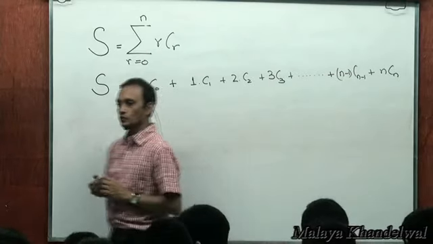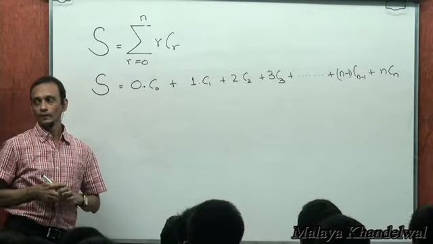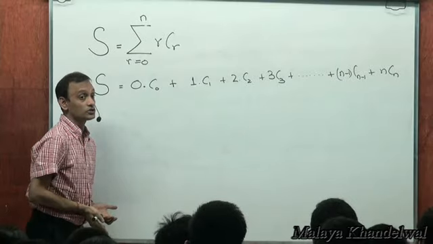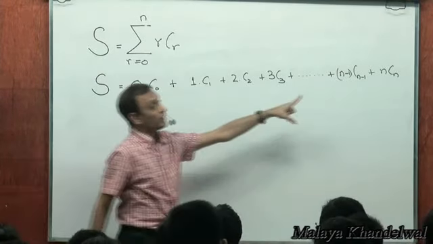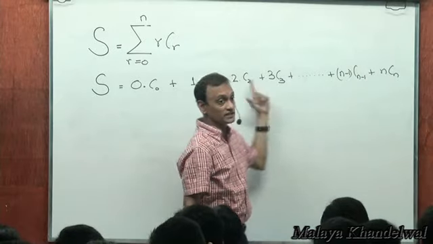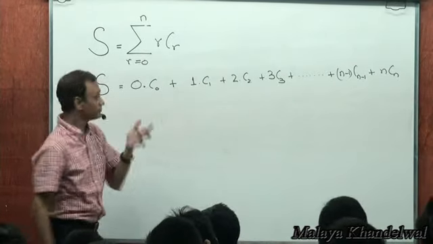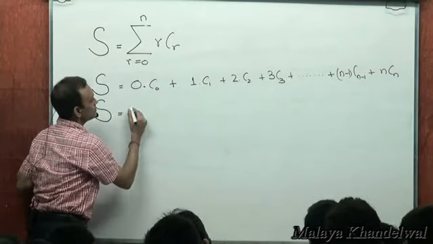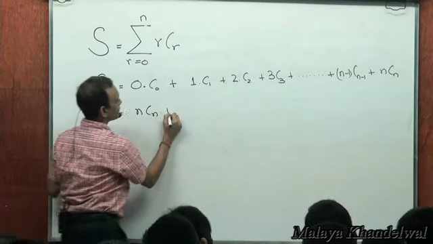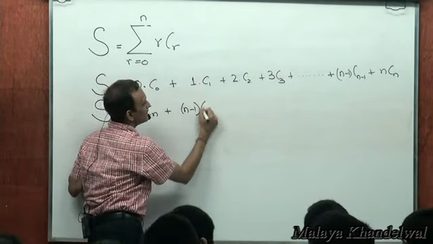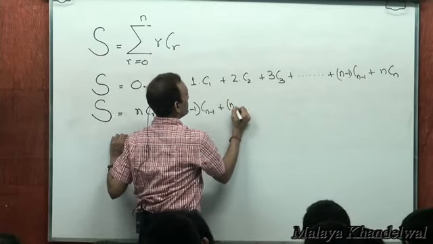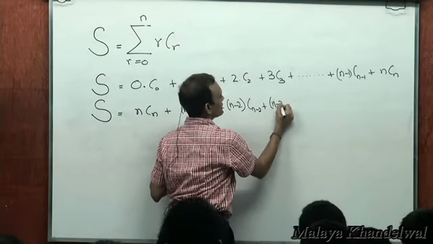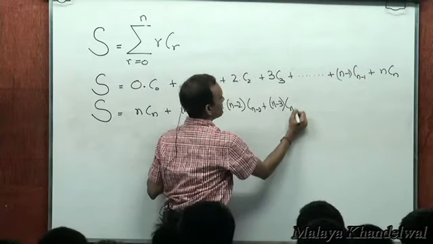Yes or no? Let me write it with terms in the reverse order. Let me write it starting from this point and this and this and this, so on and so forth. Clear? S, starting from the last term, n Cn, n minus 1 C n minus 1, n minus 2 C n minus 2, n minus 3 C n minus 3.